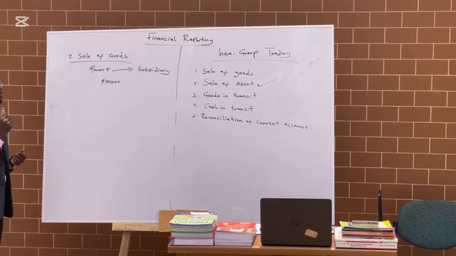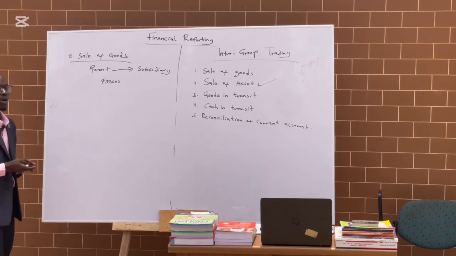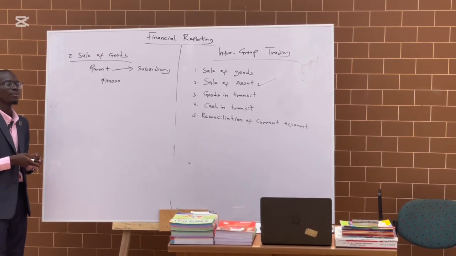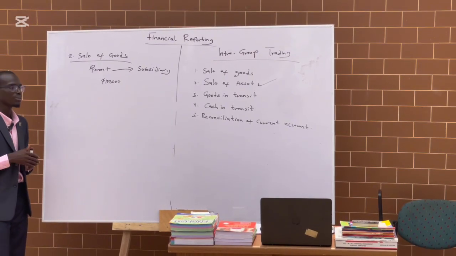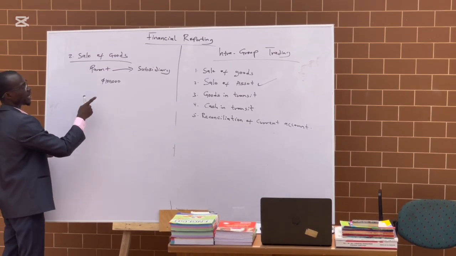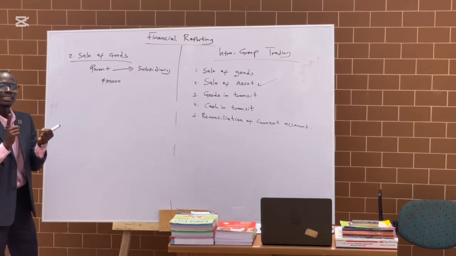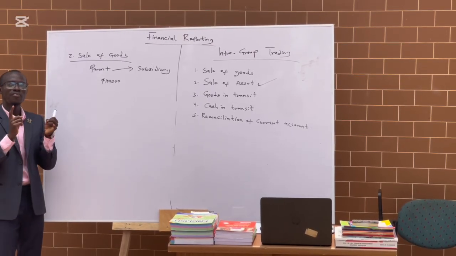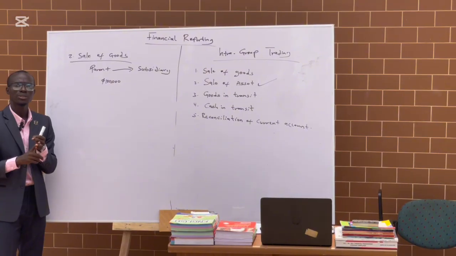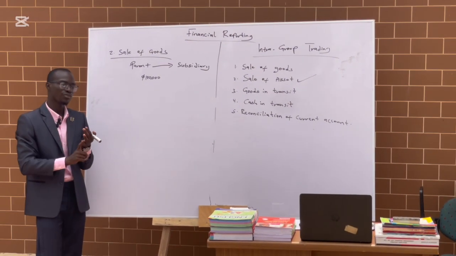The first thing you need to do, if you are doing the consolidated income statement, is that the total sales figure, which is the 100,000, will be subtracted from the parent's revenue and also the subsidiary's revenue.